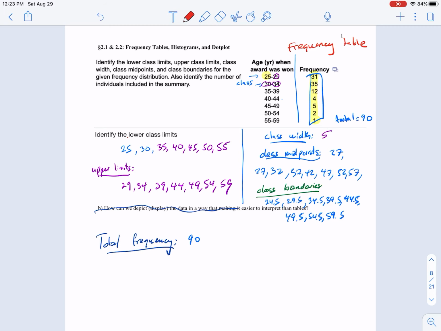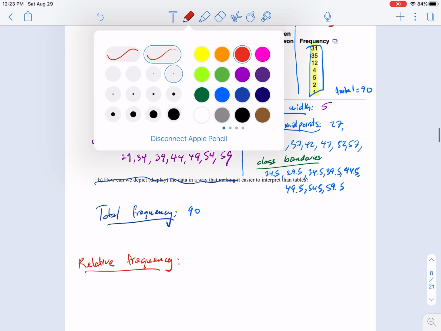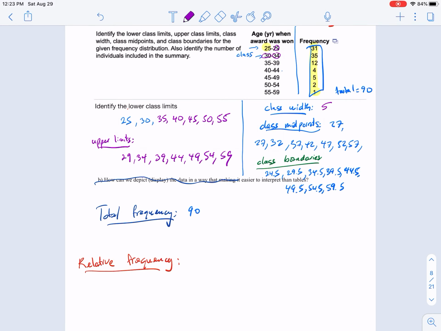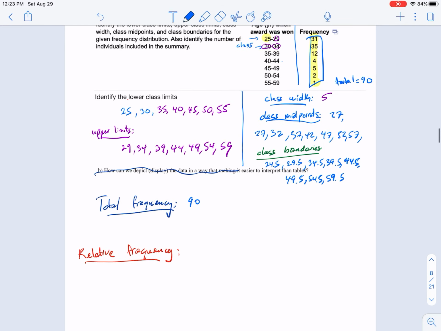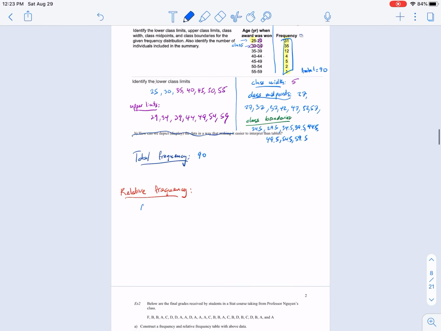So in addition to the frequency table, this is a frequency table, we also have a relative frequency table. What that is, it just displays not the counts, but the percentage or the decimal value of each age group. So we say age group, and then we have frequency, and then we have relative frequency.